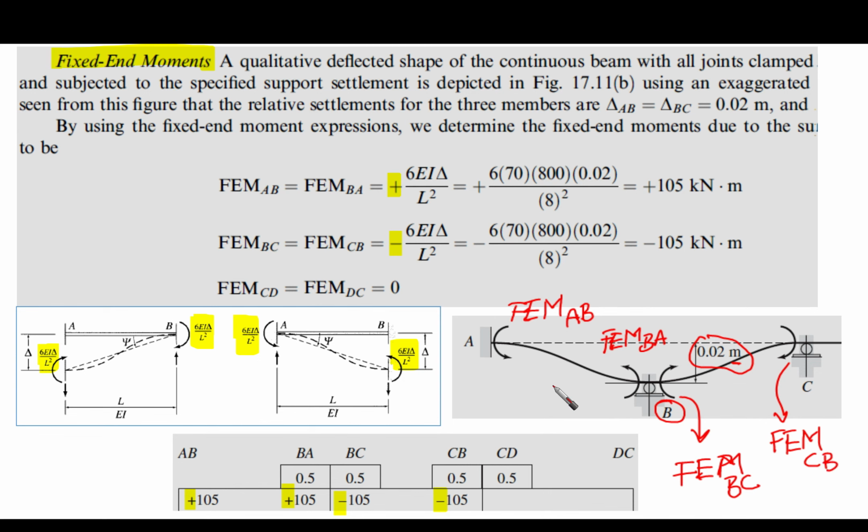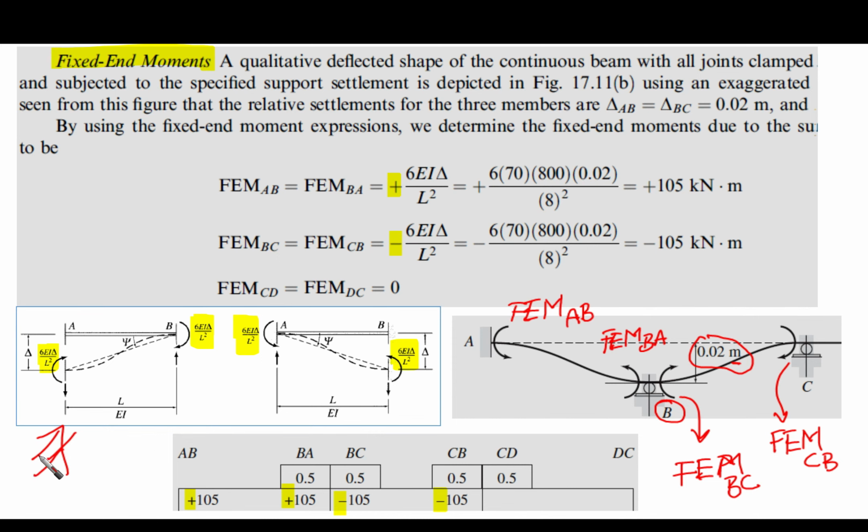Okay, now we know that there are some fixed end moments that will be developed. First of all, we want to know what is the magnitude and what is the sign or the sense of these moments. Now we can recall what I explained two videos before regarding fixed end moments due to settlement of the support.